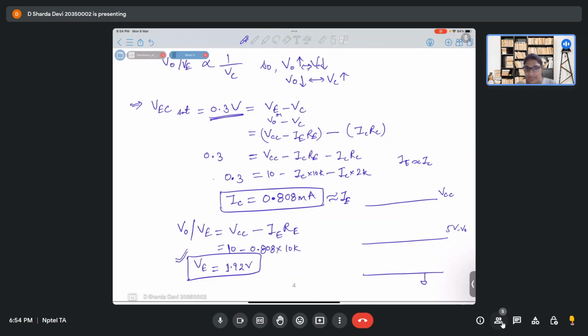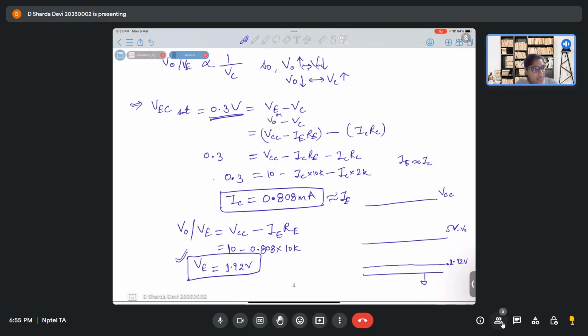That is what we have calculated, right? Earlier the VE was at the DC point, at 5 volts. Now we have found out that at this edge of the active region, your VE can at max go to 1.92 volts, right?